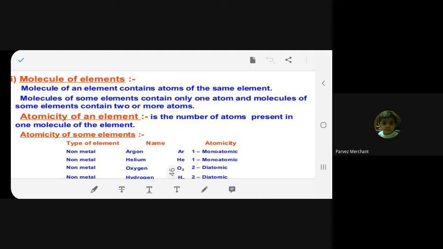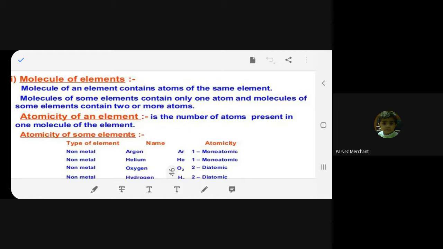This is the atomicity. Molecules of an element contain atoms of the same element, for example, H2 and O2. Agree? Molecules of some elements contain two or more atoms. Ozone, O3, and O2. O3. All of you agree? CuSO4. No, no, we will not take that. That is a compound, beta.